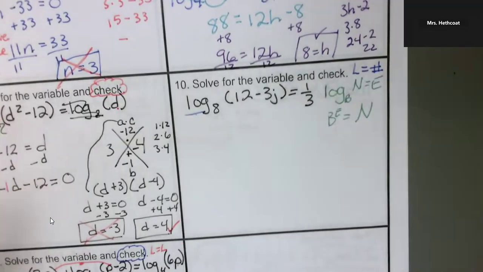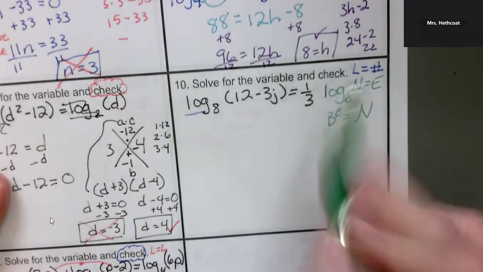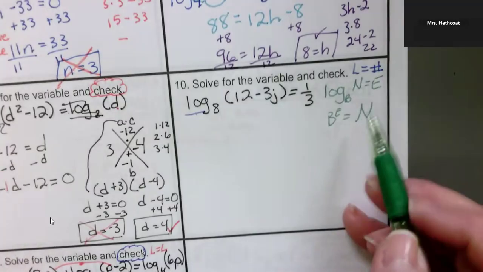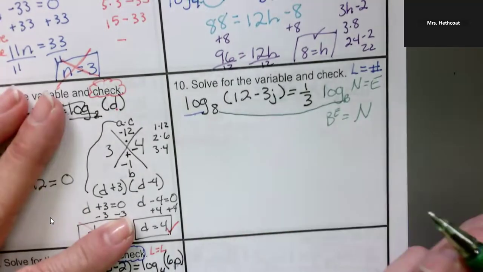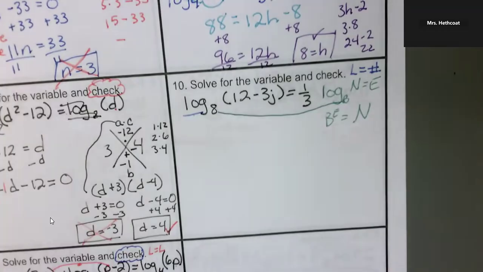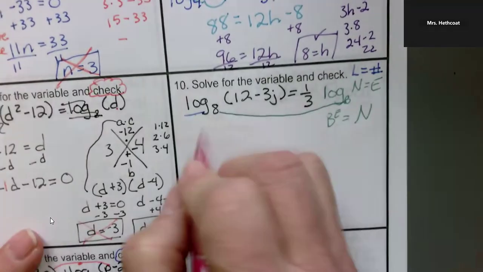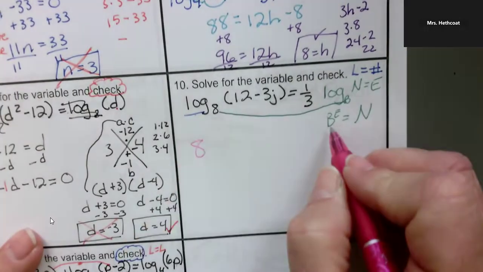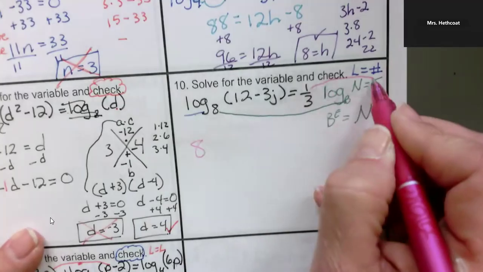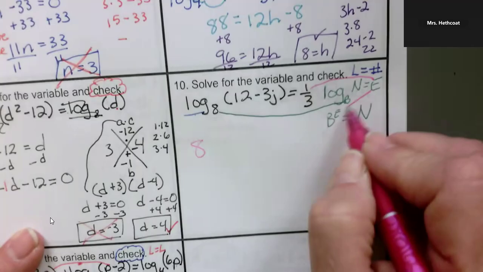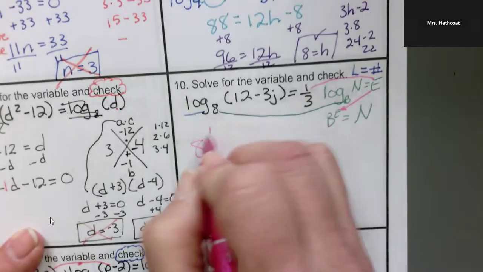My best way to help myself is to write it out right there near my problem, because now I can see that the 8 is the B, right? The 8 is the B. So I'm going to write 8 nice and big like this B right here. I can see that the 1/3 is the E. Well, the E goes on top of the B as the exponent.